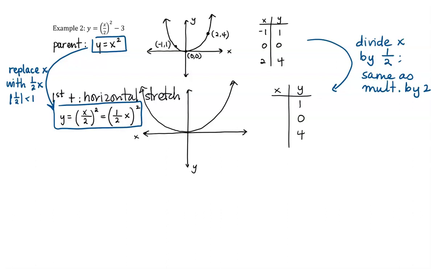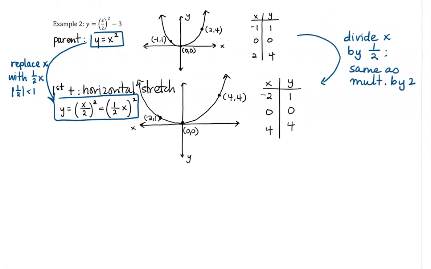This is happening horizontally, so it's only going to affect our x coordinates, and the x coordinates change to -2, 0, 4, because I just took all those x values and multiplied them by 2. So labeling the points on the graph, this is now at -2, 1. This is still at 0, 0. And this is now at 4, 4. If you're doing graphs, do make sure that you're labeling your x and your y axes.